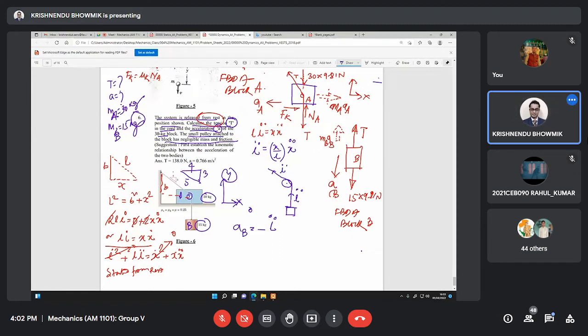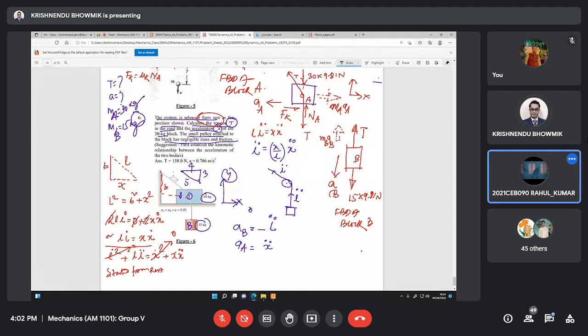Now we will utilize this 4 by 5 concept. What is AA, x double dot? Plus or minus? AA is x double dot. Plus or minus?